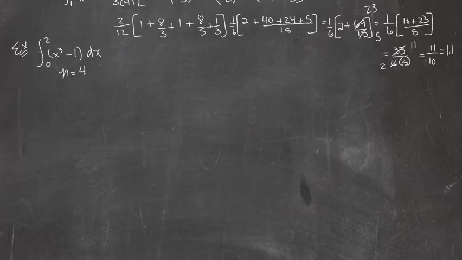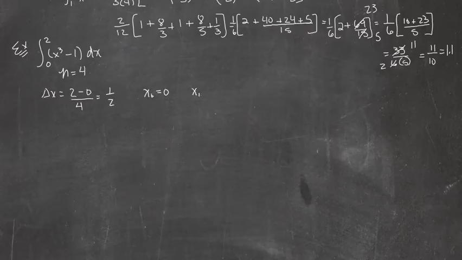All right, so let's put this together in our formula. First thing we need is a delta x, and delta x is b minus a, so 2 minus 0 over n, 4. So again, this is going to be 1/2, so it should be easy for me to put together my subintervals. My x sub 0 equals 0.